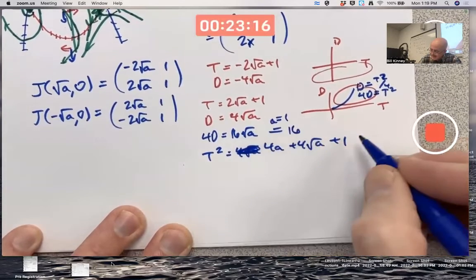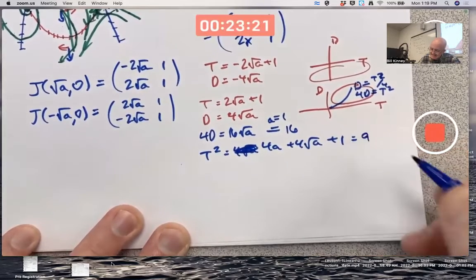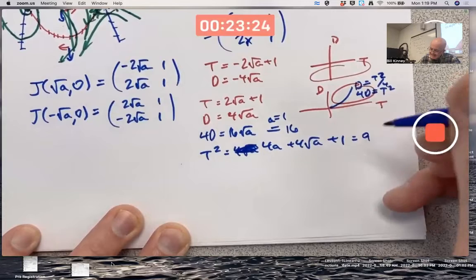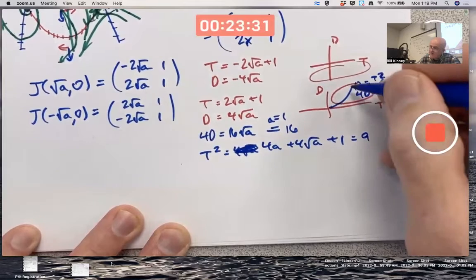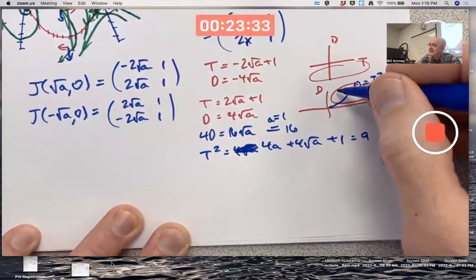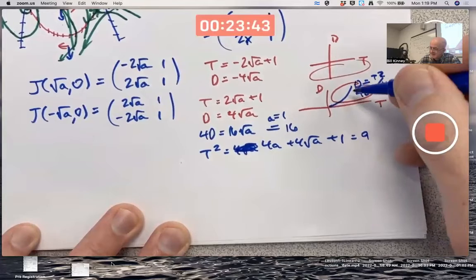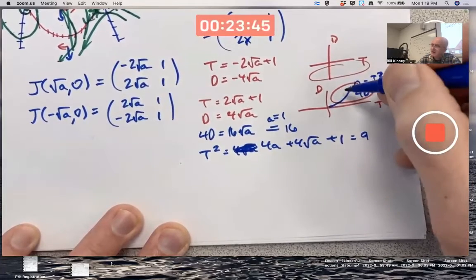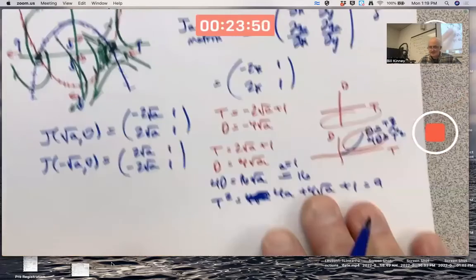This becomes a 16 and this becomes a 9. 4d is bigger than t squared. D is bigger than t squared over 4. You're above the repeated root parabola, spiral source when a is 1 at least. 4d is bigger than t squared means d would be bigger than t squared over 4. You'll be above that curve. Just like it looks like it's a spiral source.